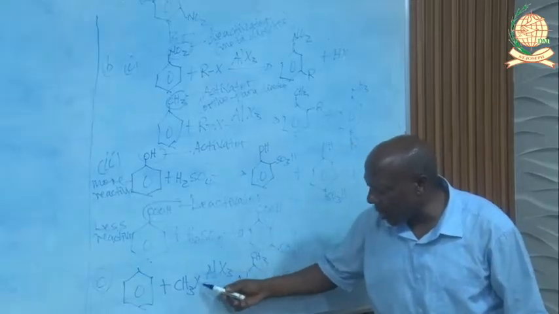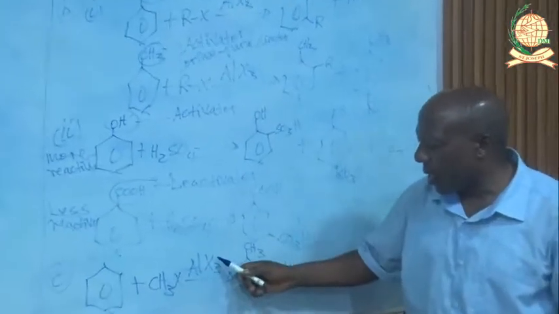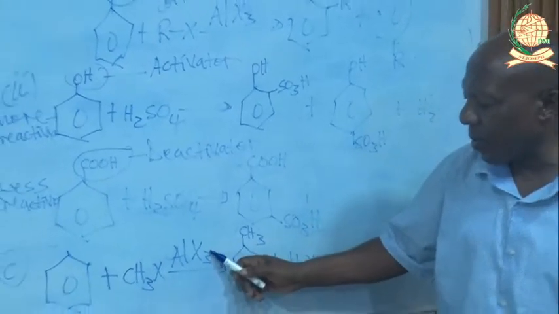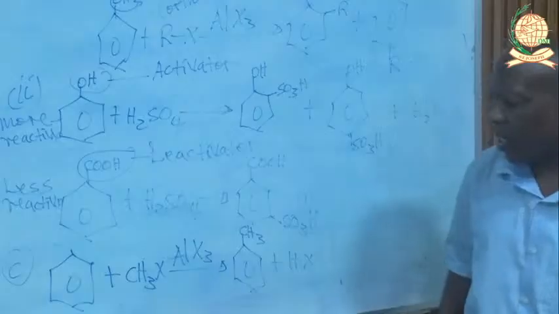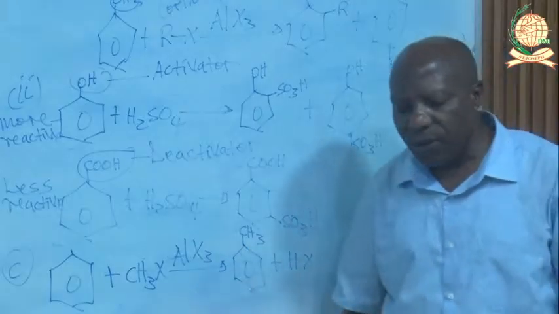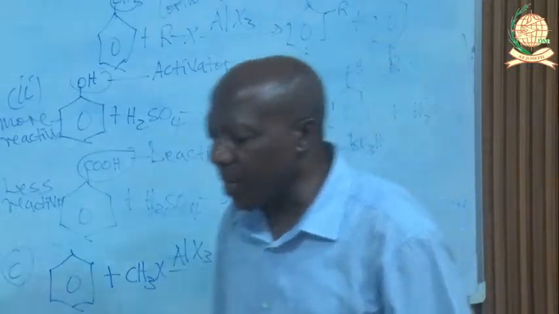Now, if this halogen is chlorine, here also must be chlorine. If this is bromine, this also must be bromine. If this is iodine, as well as this one. So this is the pathway for the synthesis of methyl benzene. The starting material is benzene.